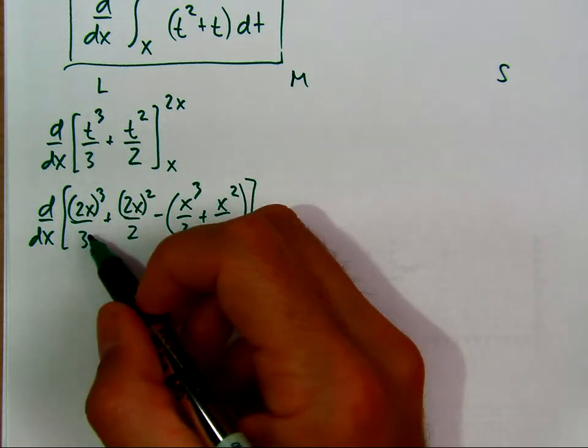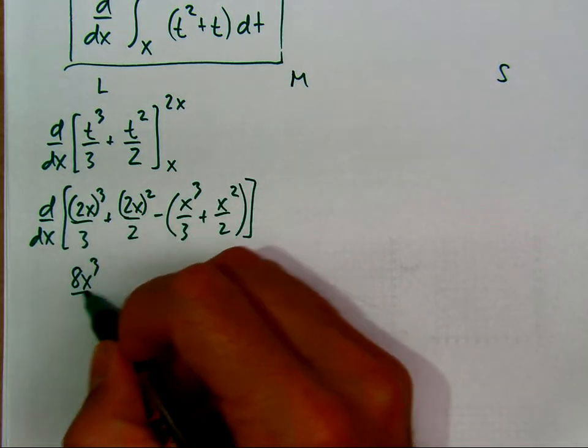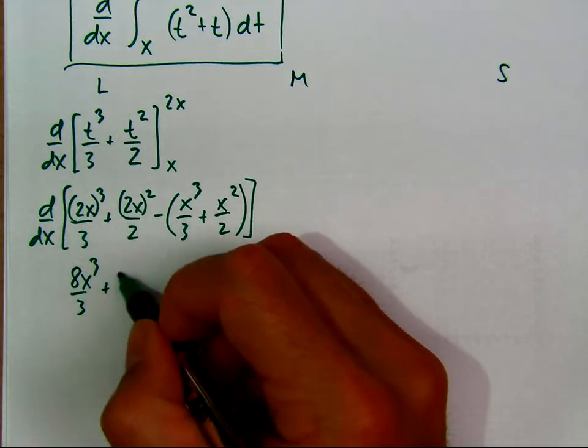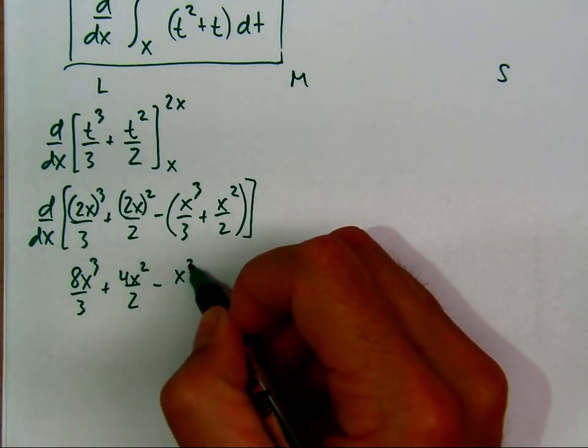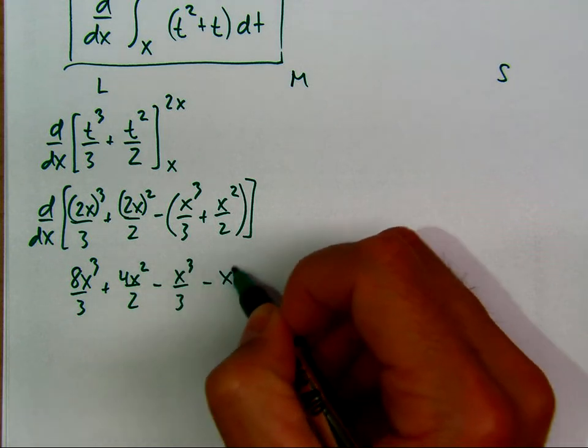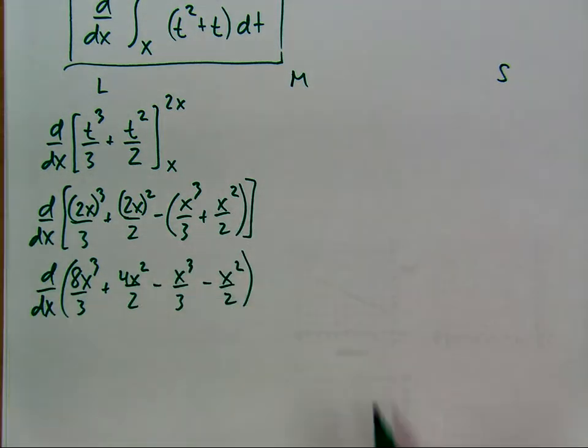So let's go ahead and simplify or expand that. So we'll have 8x cubed over 3 plus 4x squared over 2, minus x cubed over 3 minus x squared over 2, and find the derivative.